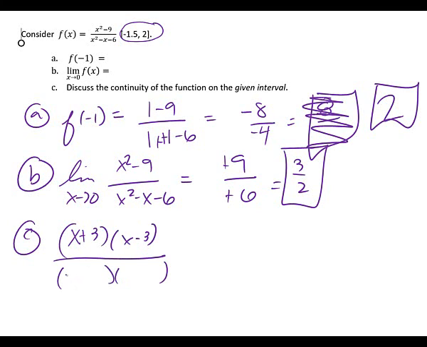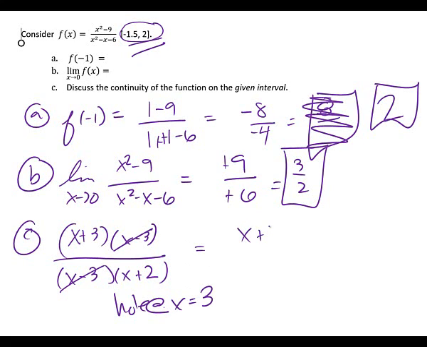X minus 3 and x plus 2. Okay, so what would cancel? X minus 3. So we know that there's a hole at x equals what? 3. Is that going to matter for this interval? No. Okay, so that doesn't count as part of my answer, right?